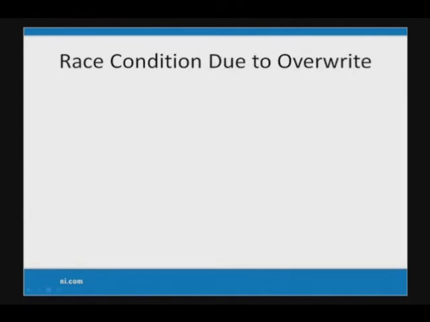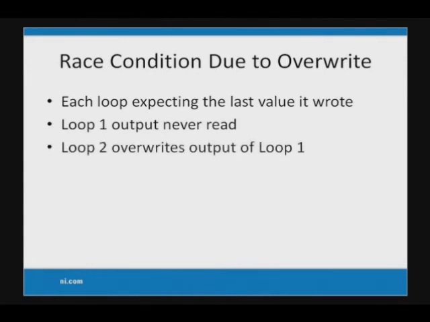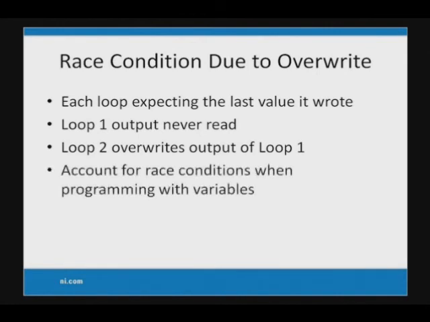This generates a race condition and can cause issues when one loop is expecting the value it wrote previously to the variable. The result from loop 1 is never read by the program because the result from loop 2 is written over it. When using variables within your program, it is always important to make sure that you account for race conditions or your program may not execute as you expect.